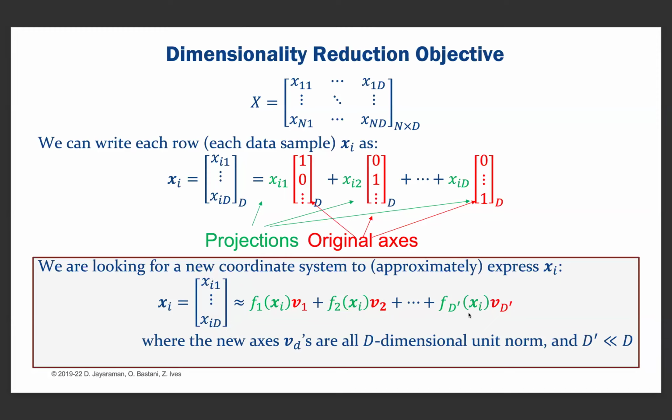So V1, V2, Vd are all orthogonal to each other. They form a basis, but in the smaller dimensional space. That's the question this dimensionality reduction approach is trying to answer. The answer is, in some cases yes, in other cases no. And how to decide when it's possible and when it's not?